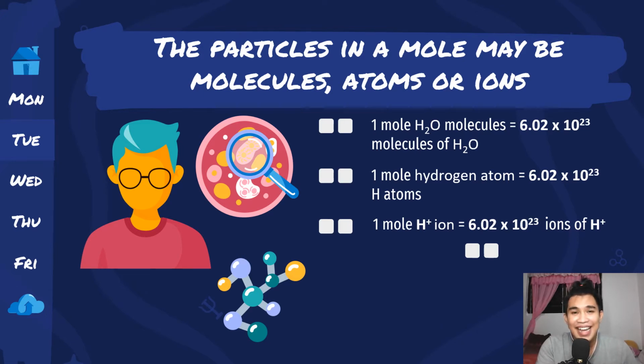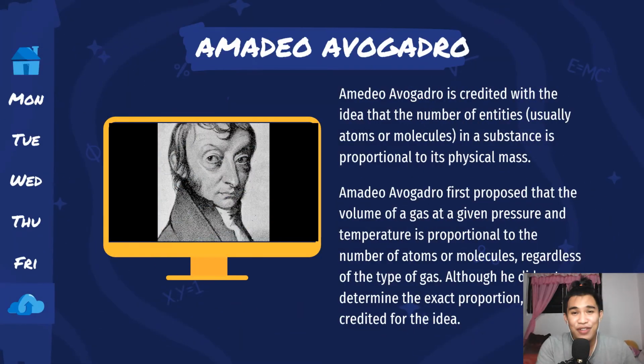So saan nanggaling ang Avogadro's number? Actually, it is named after Amadeo Avogadro. Avogadro is credited with the idea that the number of entities, which is usually atoms or molecules, in a substance is proportional to its physical mass.